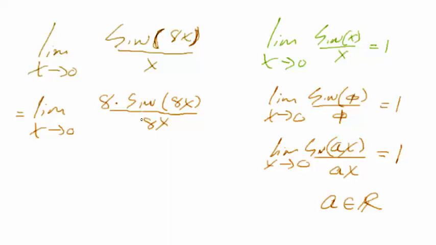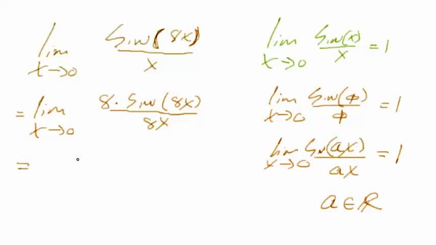We know that if we took the limit of this piece, it would be equal to 1. Writing an 8 in the top and an 8 in the bottom, they just cancel out, and this is really just our original problem. I hope you're following me on that.